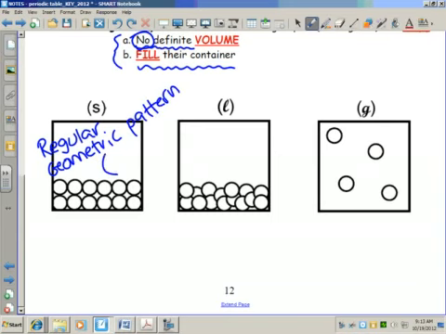You'll also hear the term crystal or crystalline structure. When you see any of this, you're talking about solids. A regular geometric pattern or a crystal structure. It's rigid. You can see these rows are very straight. So are the columns.